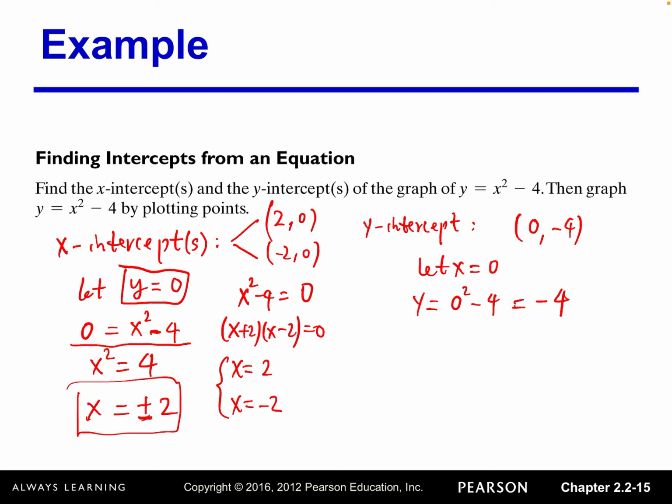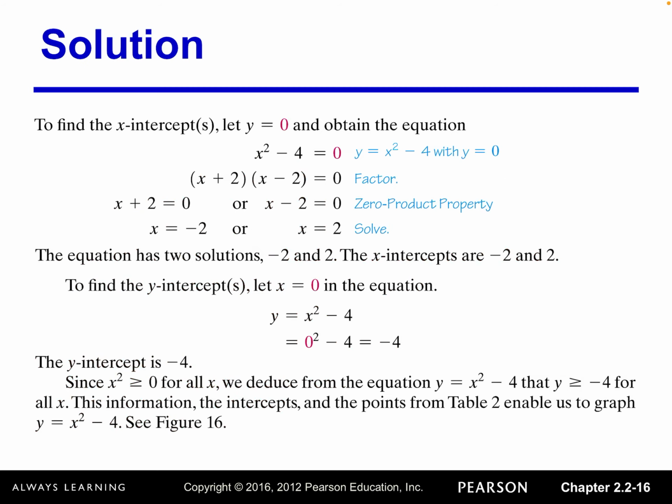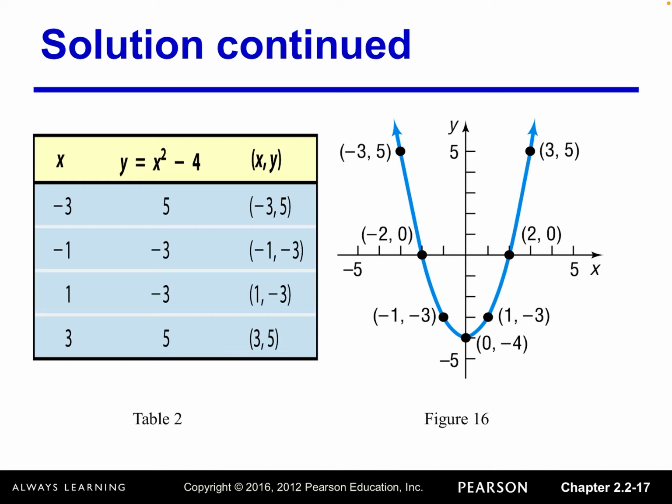And then graph. Let's look at the next slide for the graph. We can choose some points for x, for example -3, -1, 1, and 3.